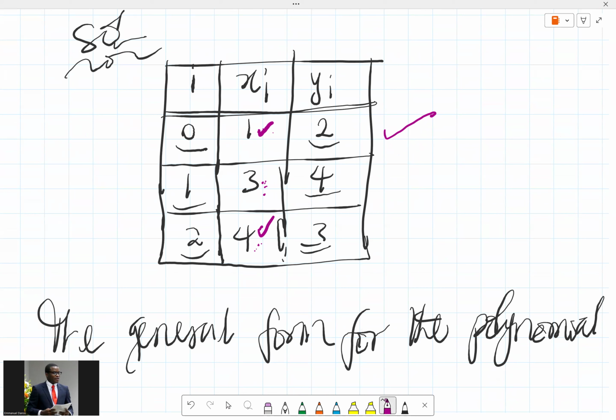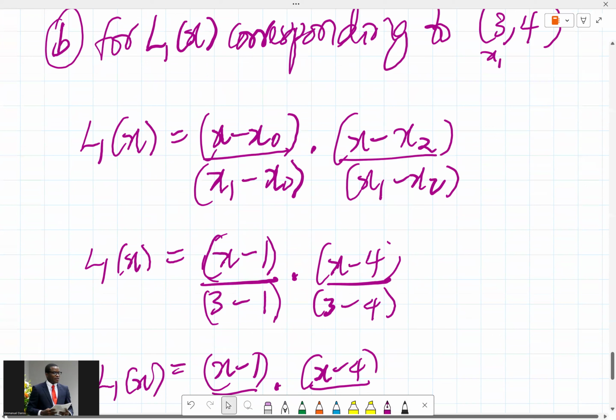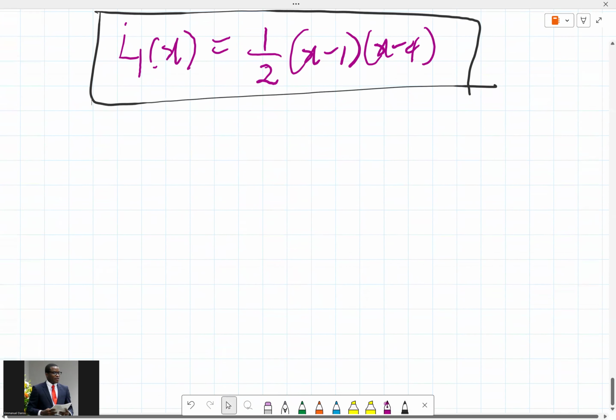So I think we need to take note of all this. This is L naught of x. This is L1 of x. We're going to put all of this together later. Then we go for the next one. That's like our C now, where we talk about L2 of x.